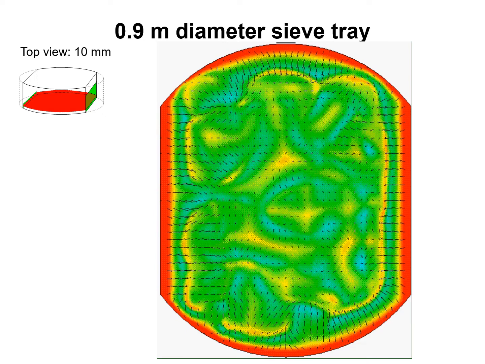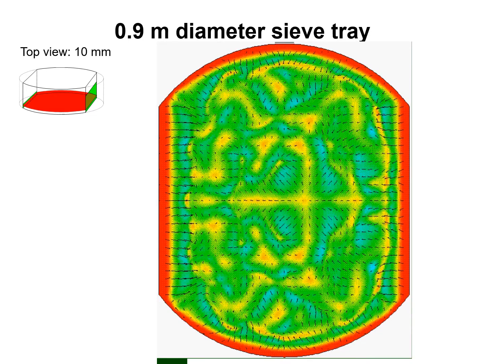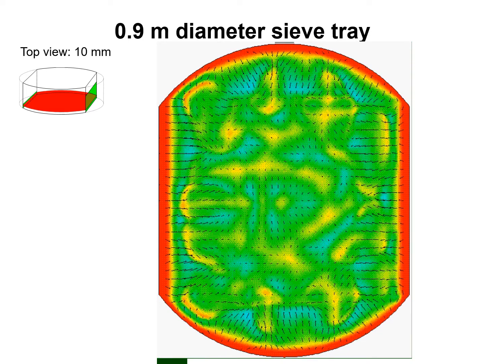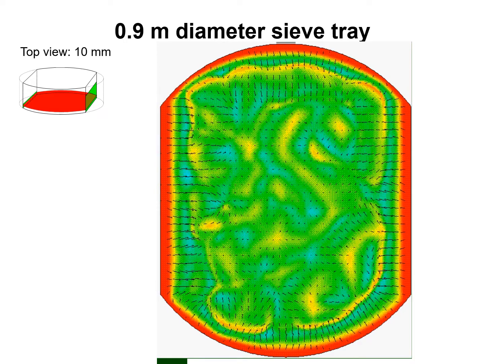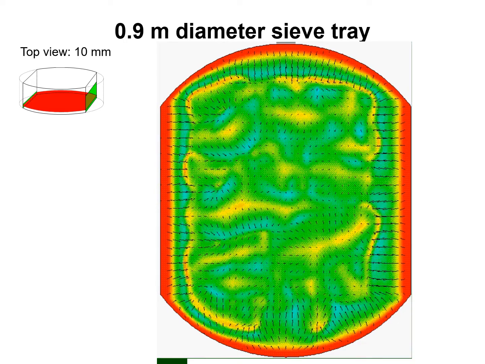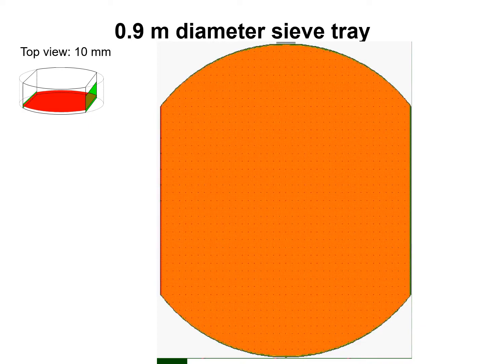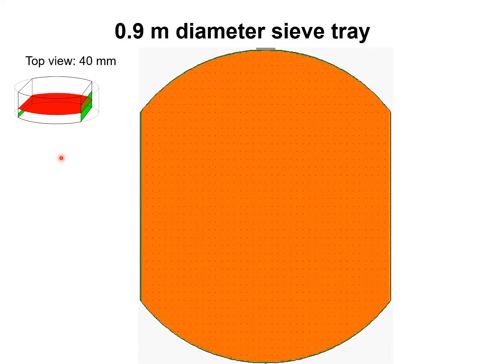But you can already distinguish several pockets where the velocity vectors are indicative of circulatory motions, indicating the existence of a number of well-mixed pools. Let's now have a look at the happenings at a distance halfway between the vapor inlet and the vapor outlet.